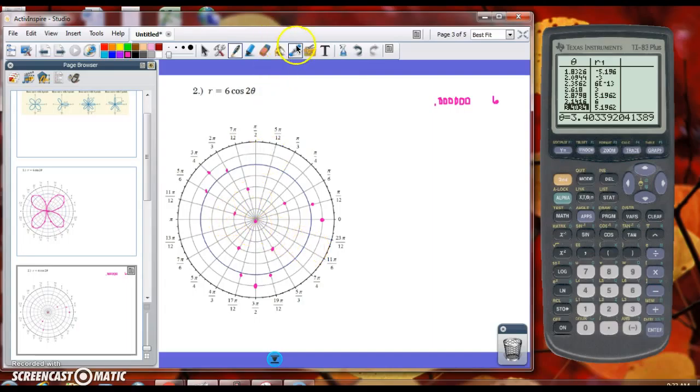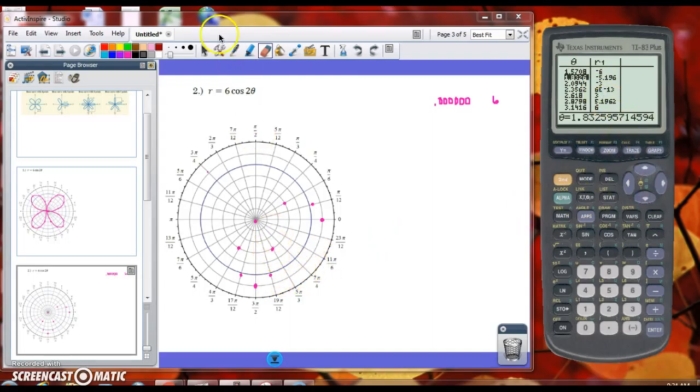And I think actually I plotted those points slightly off there. Let me go back and look at those again. Okay, so we did 1.57, that was negative 6, and then we did these values here.